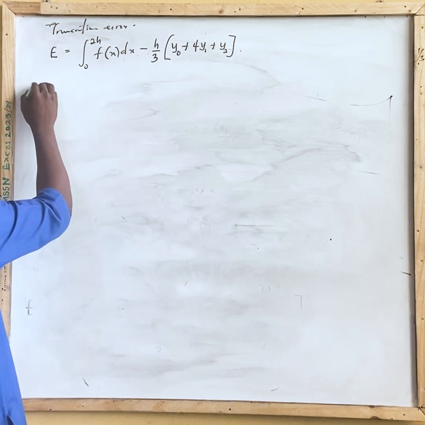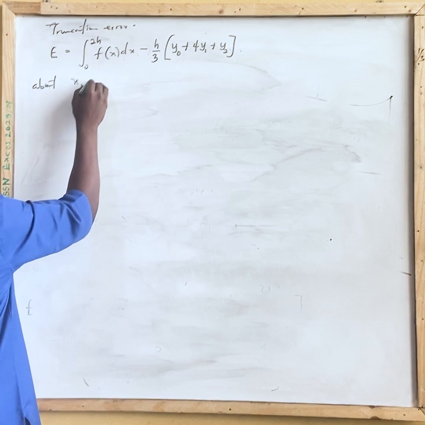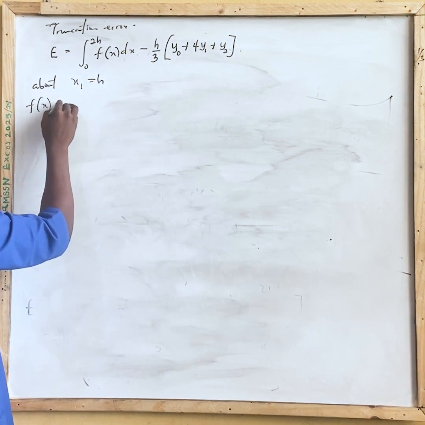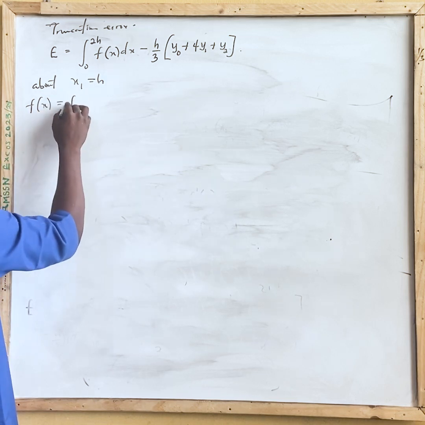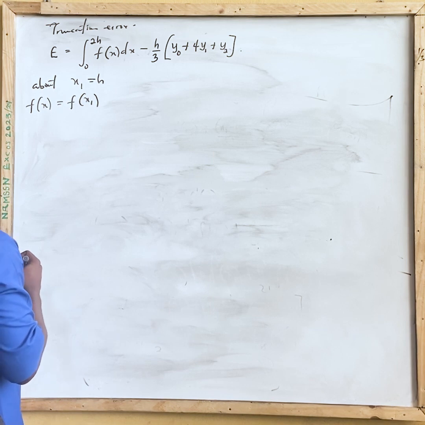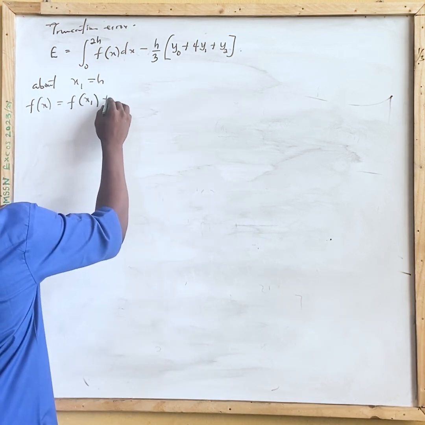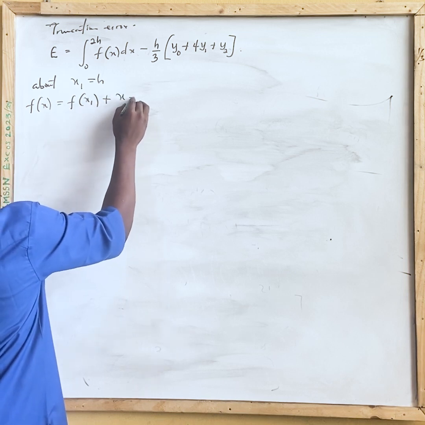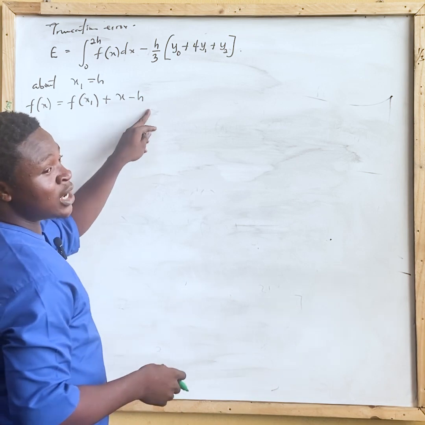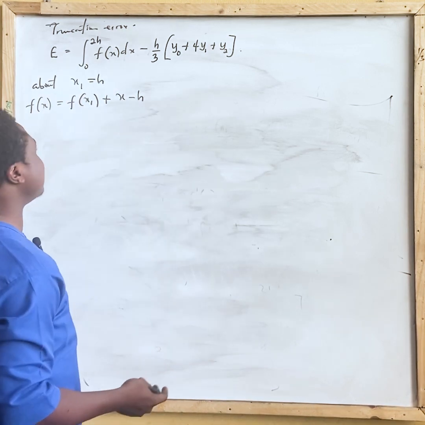Okay, so about the point x1, which is the same thing as h, we can say that our f of x should be equal to f of x1, or f of h, whichever you choose to write. But let's use x1, plus x minus h. Here also you can choose to write x minus x1, but because x1 is h, I can choose to go with my h like this.